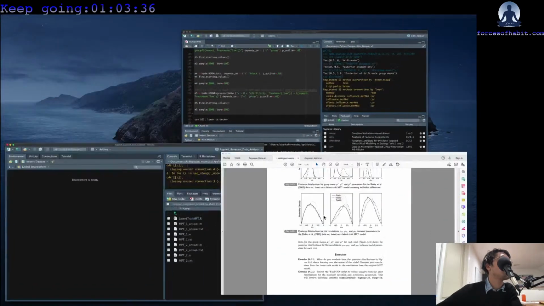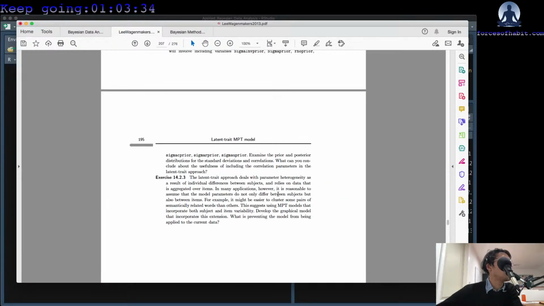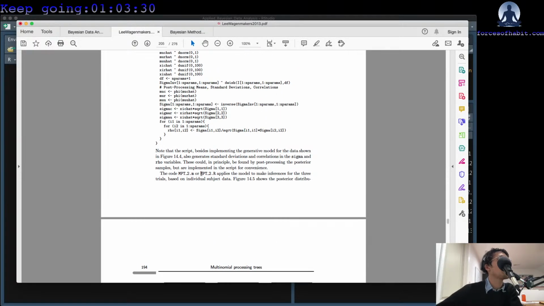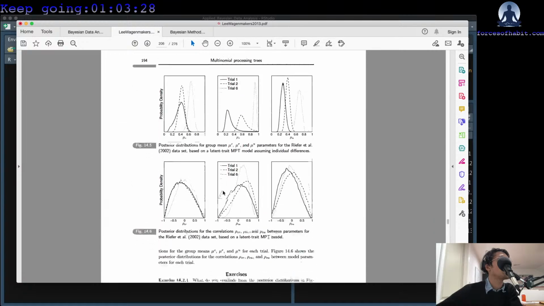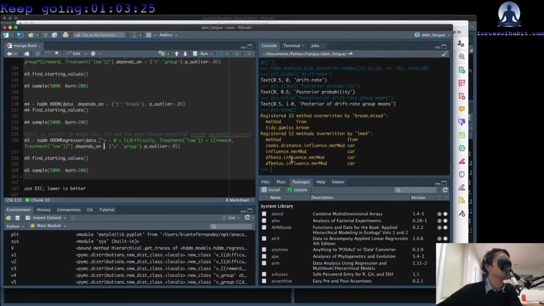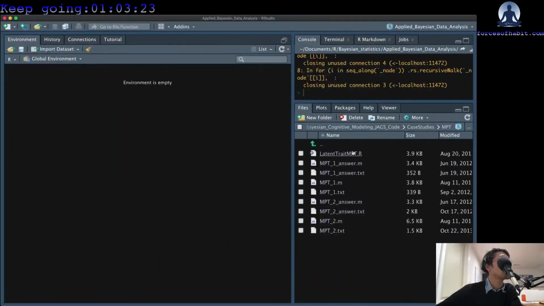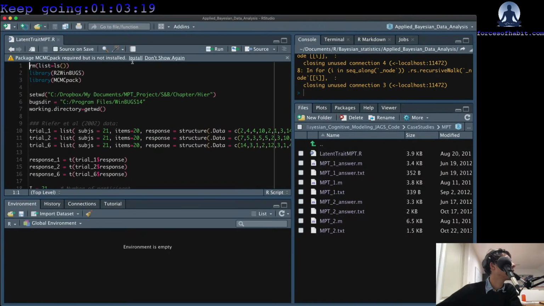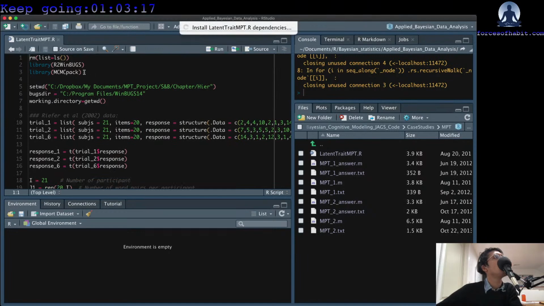Well, let's see. What does it say it's in? The code is supposed to be in MPT, MC pack.